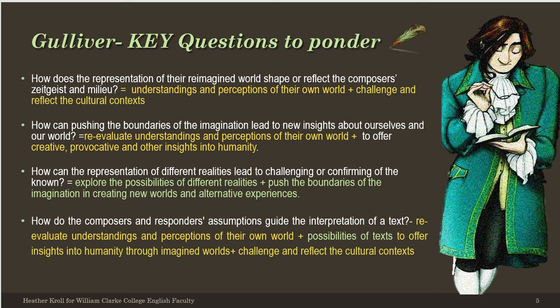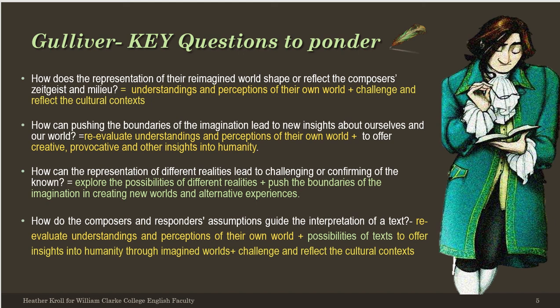The fourth question is, how do composers' and responders' assumptions guide the interpretation of a text? And of course, we're following in the footsteps of Roland Barthes and his theory of the death of the author. So once an author sets their text free in the world, they unshackle it from their own mind, and it's published and released to fly out into the great yonder.